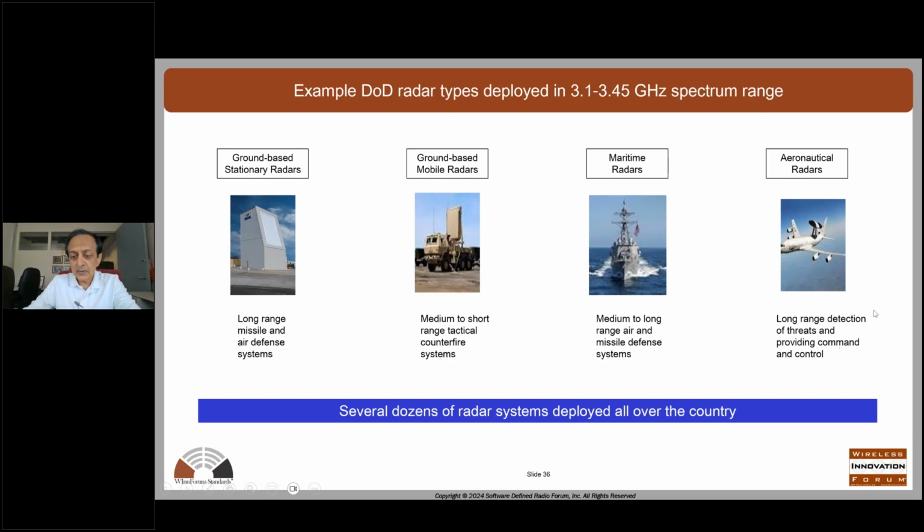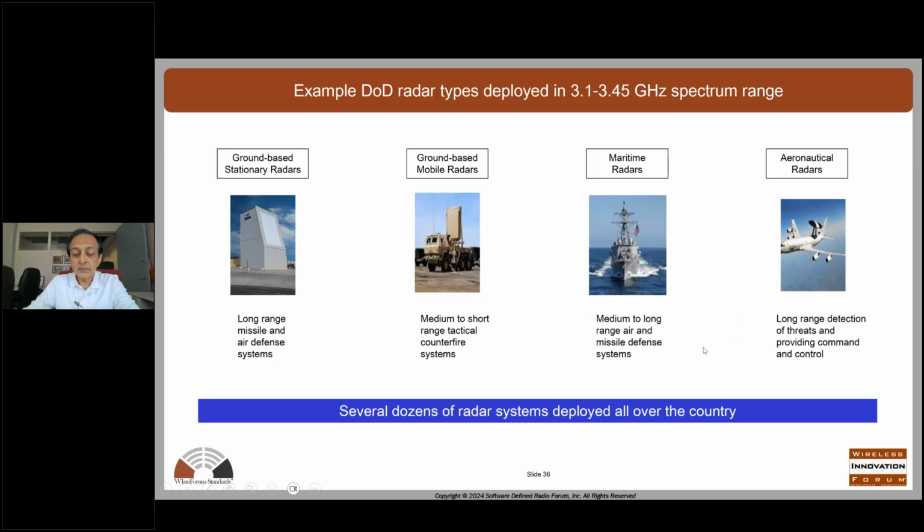And for aeronautical radars, we have long-range detection of threats and providing command and control. So this could be the EOAX, this could be the SK, the station-keeping equipment, as Andy mentioned. So all these four main types of radars we need to account for in any spectrum sharing considerations.